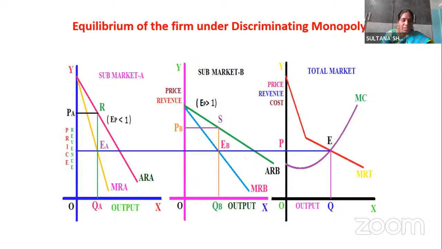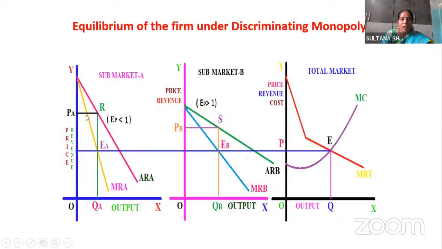Now here you can observe the markets. First, this is the total market. He divided the market into two submarkets, submarket A and submarket B. If we add submarket A and submarket B, we get the total market.